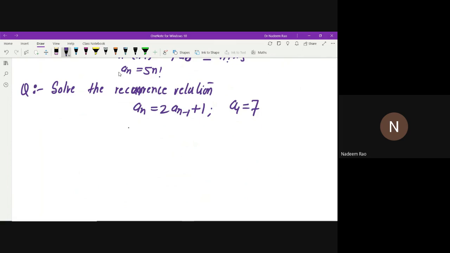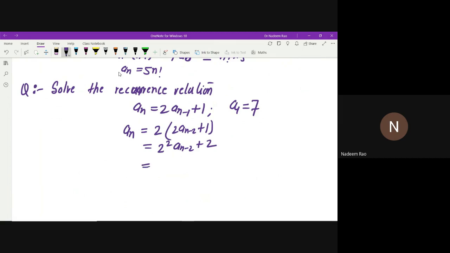If we try to solve it, we take only 2 minutes here. So 2 times a_{n-1}, and 2 times a_{n-2} plus 1. Okay, that will be 2 to the power 2 a_{n-2} plus 2.